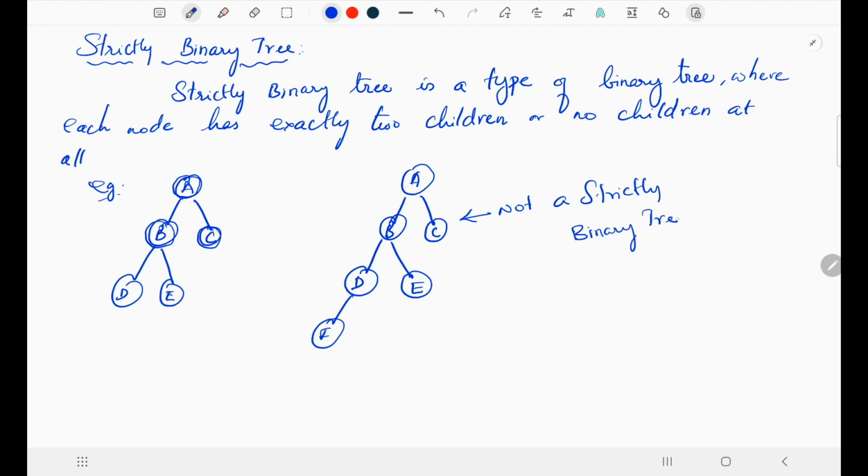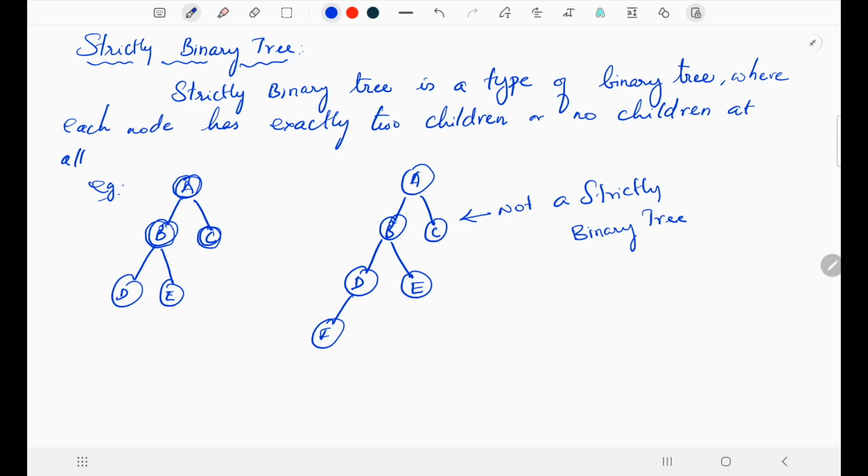Why is this not a strictly binary tree? As per the definition, in short, we can say every non-leaf node has a non-empty left child and a non-empty right child. That means the intermediate node must have at least two children.